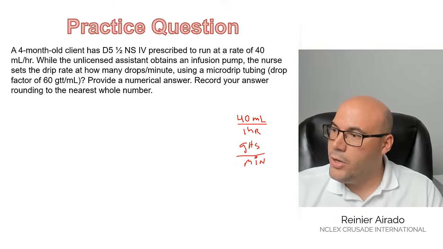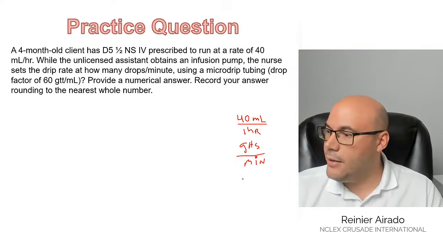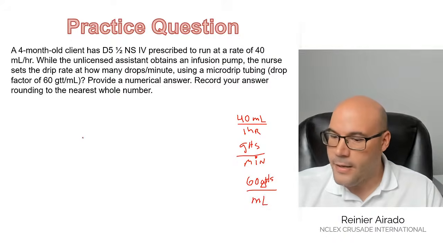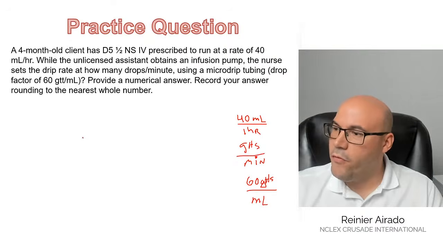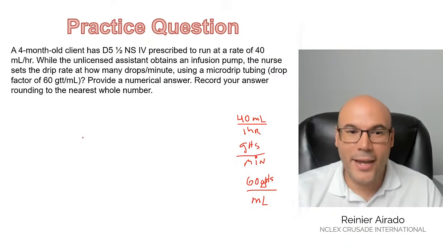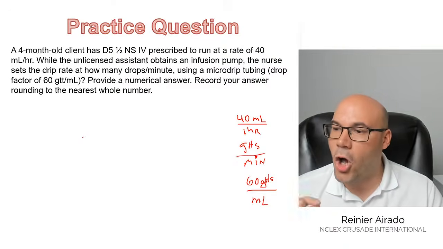They're telling you that the drop factor that you will be using is 60 drops per milliliters. Then it says, provide a numerical answer. Record your answer rounding to the nearest whole number.